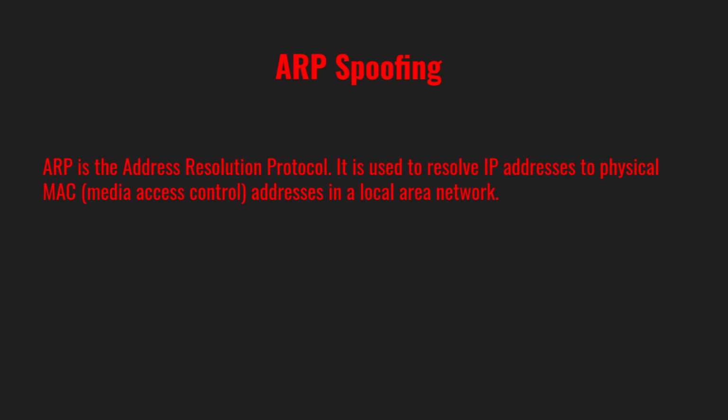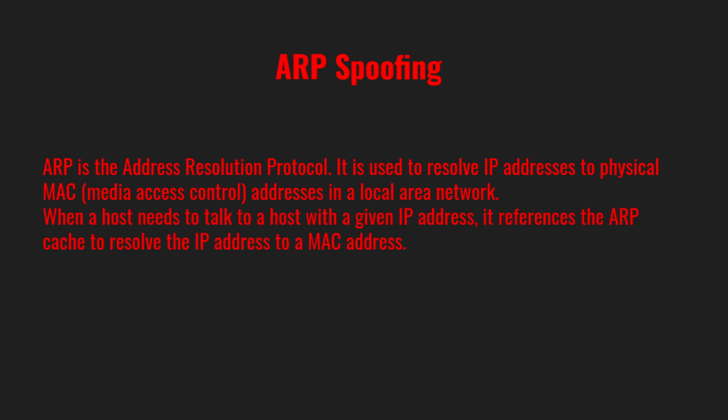We have ARP spoofing. Now ARP is the Address Resolution Protocol, and it is used to resolve IP addresses to physical MAC, or media access control, addresses in a local area network. Okay. Now when a host needs to talk to a host with a given IP address, it references the ARP cache to resolve the IP address to a MAC address.